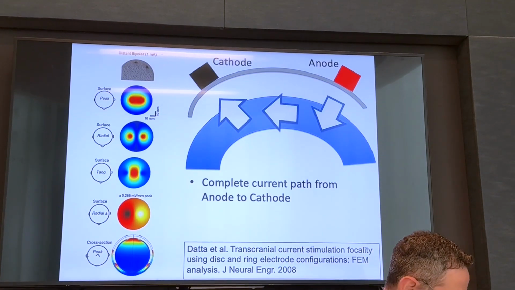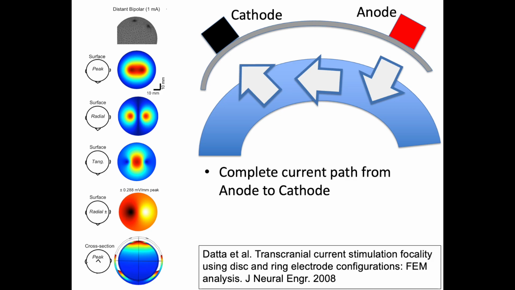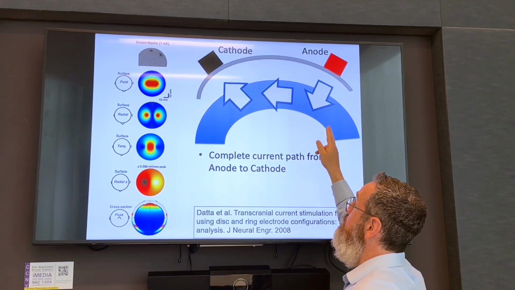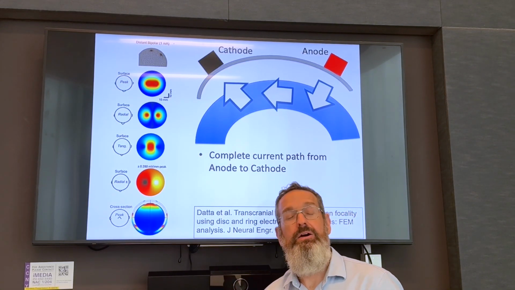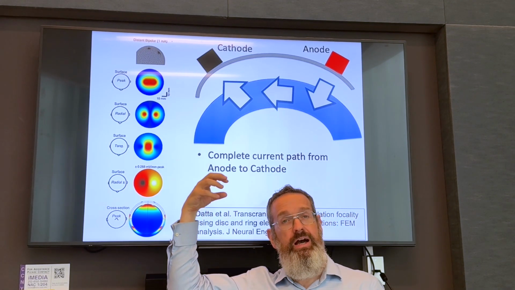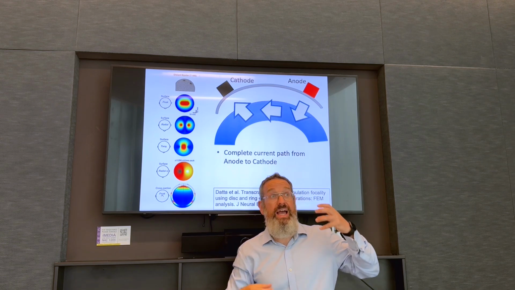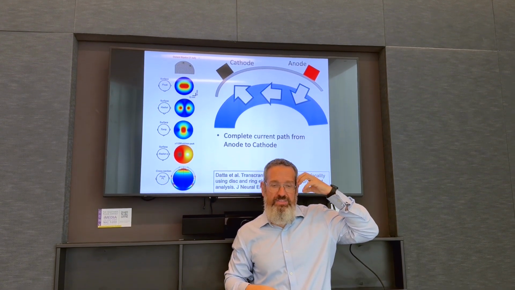Now, one of the things we started to understand, even through these very basic models, is that when current enters the head, and it enters at the electrode we call the anode, and then it exits the head at the electrode called the cathode, it must complete a complete path. What that means is the current cannot enter under the anode, disappear essentially, and then reappear under the cathode to exit.